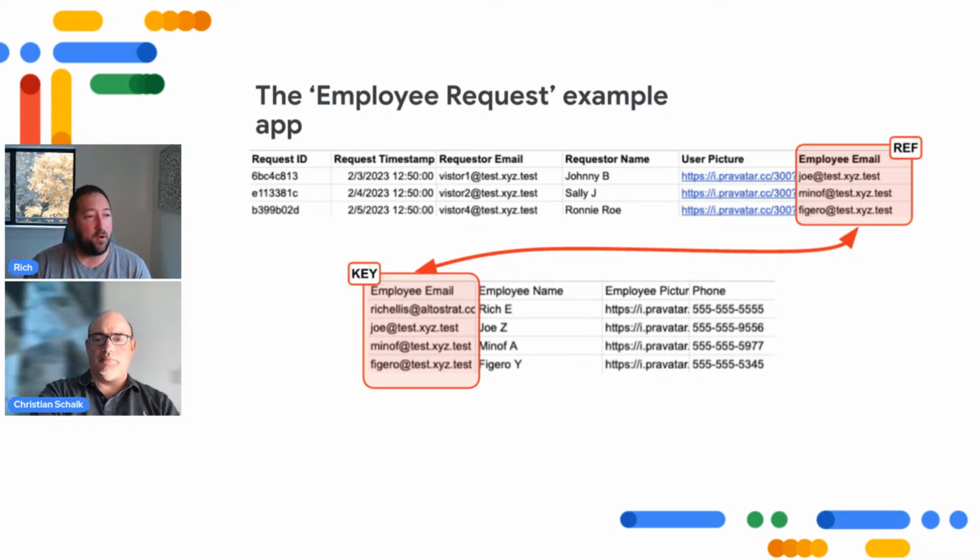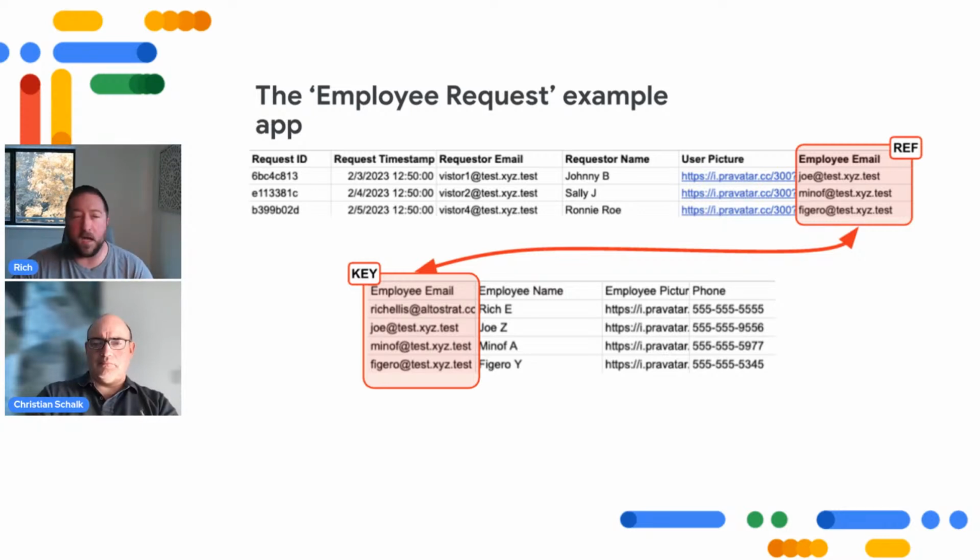And that employee email column is the reference column, and it's looking back into the table where those values that get stored in that column are the primary key, or the key, in your targeted table. So that's an important thing to remember. Whatever column you're specifying as a reference column, it needs to be the key in the targeted table. And that's how AppSheet describes and establishes those relationships between those two tables.